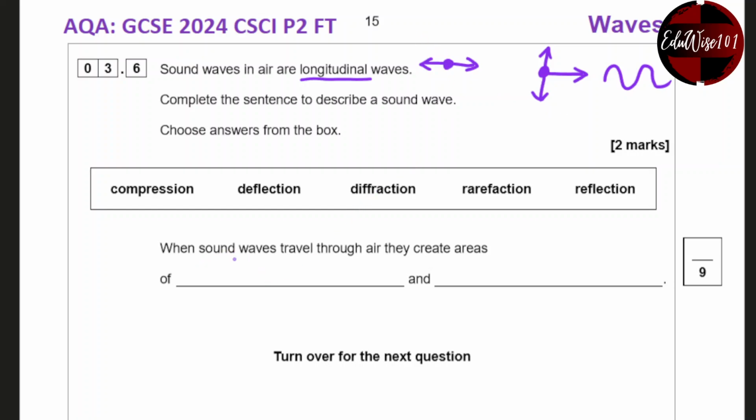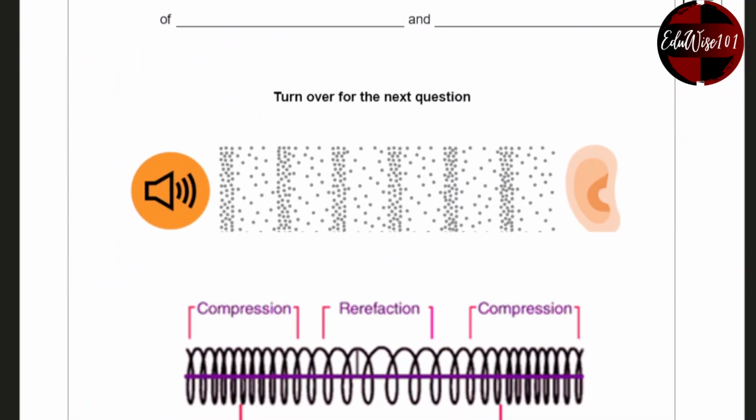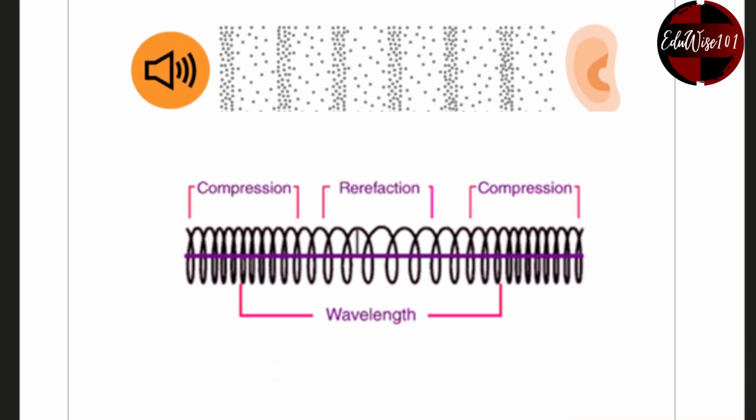So when sound waves travel through air, they create areas of, right? Now for this, it's best to actually see what a longitudinal wave or sound wave actually looks like. So here's an image of a sound wave. The first diagram shows air molecules, and the second one is showing a longitudinal wave using a slinky or a long spring, right?